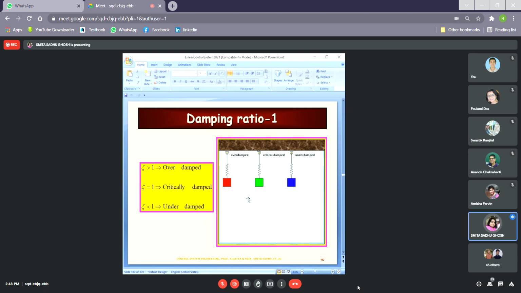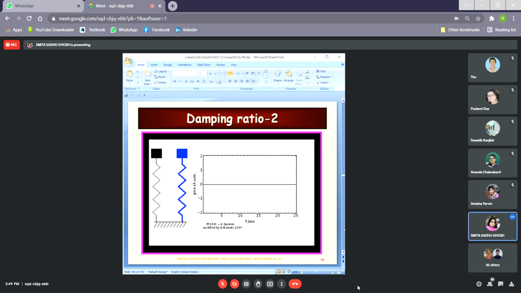You can come to know how many oscillations there will be before it reaches its steady state value, or how fast or slow it reaches the steady state value, for the three cases of overdamped, critically damped, and underdamped. Over here as well, the two masses would have shown a plot for the undamped and underdamped cases.